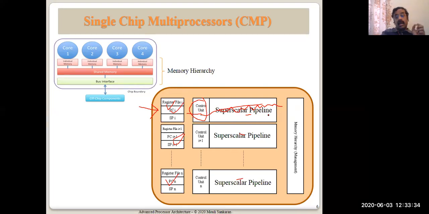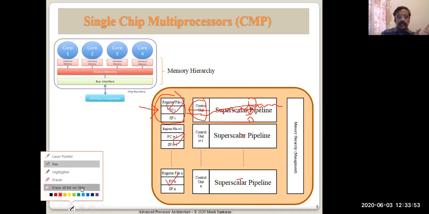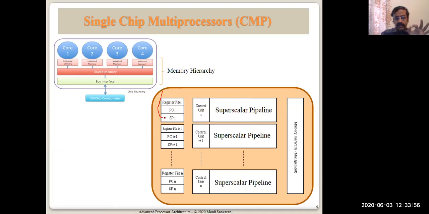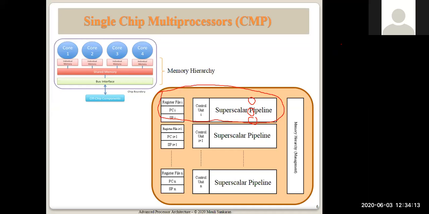In other words, all the functional units in the superscalar pipeline execute the instructions belonging to a single process, because there is only one context and one pipeline. There is a one-to-one mapping. So when the OS schedules a process, the process has complete control of the entire superscalar pipeline, including all the execution units.